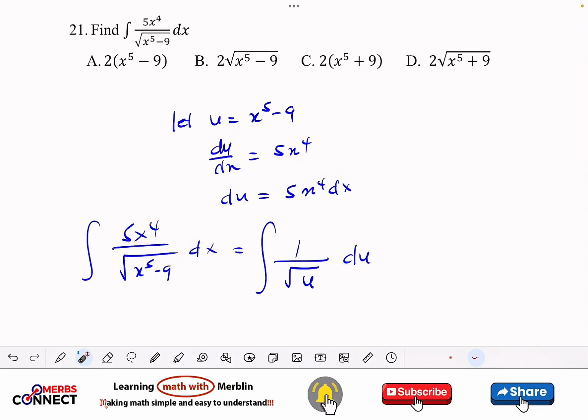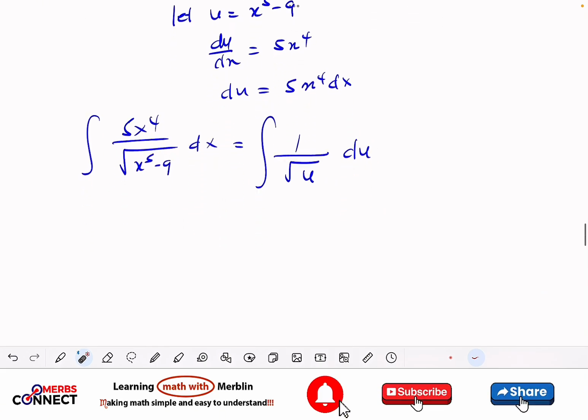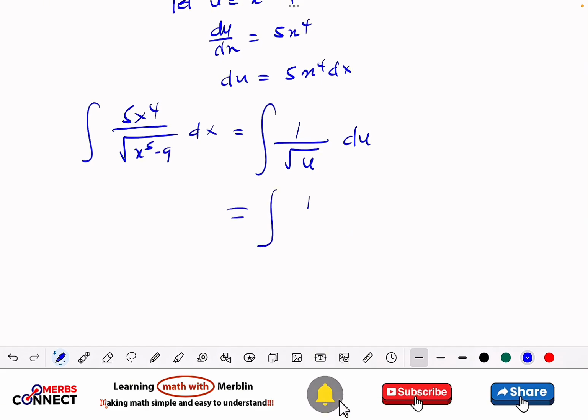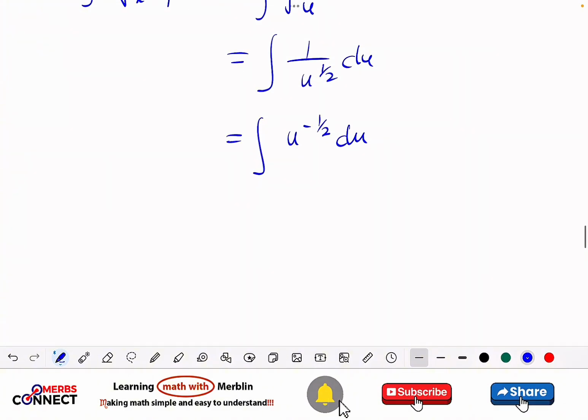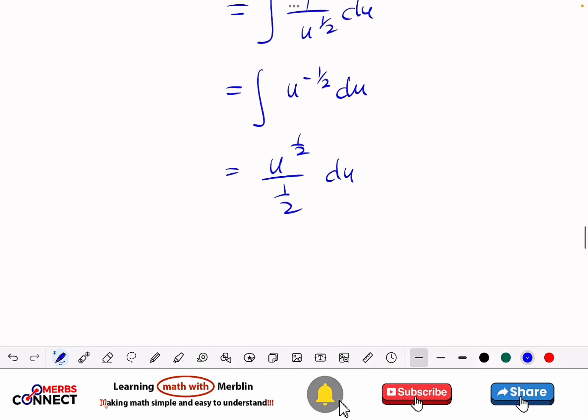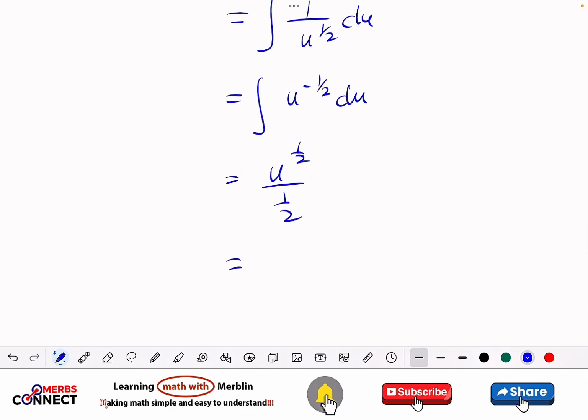So it's going to be left 1 divided by this. So this is going to be 1 divided by u to the power 1 over 2 du. Then I can write this one as u to the power minus 1 over 2 du. And then integrating this is going to give us u to the power 1 over 2 divided by 1 over 2, plus c.